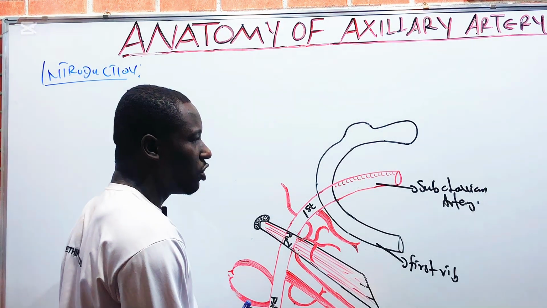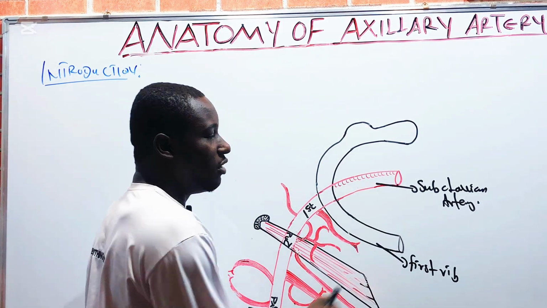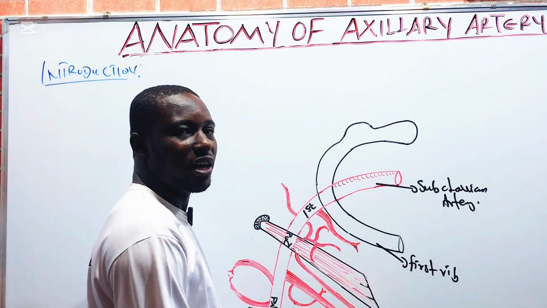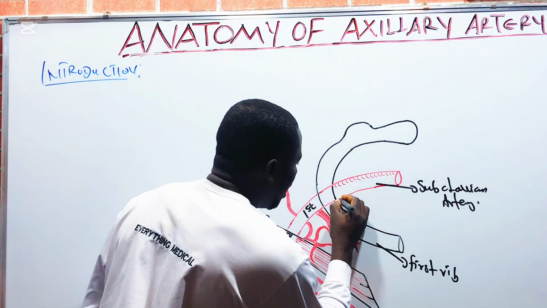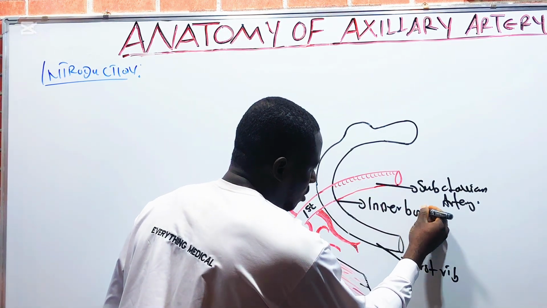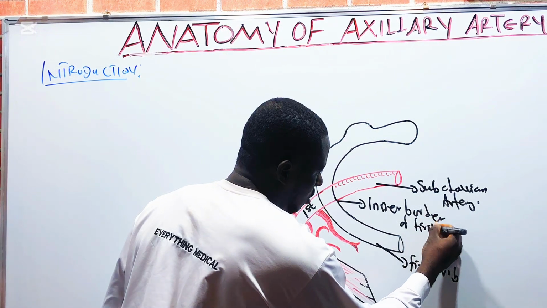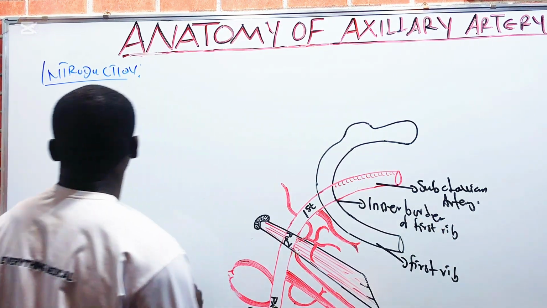That is why the axillary artery is a downward continuation of the subclavian artery, because the subclavian artery arises from the convexity of the aorta, or the what? Aortic arch. Here is the inner border of the first rib. Okay, so that was the introduction.